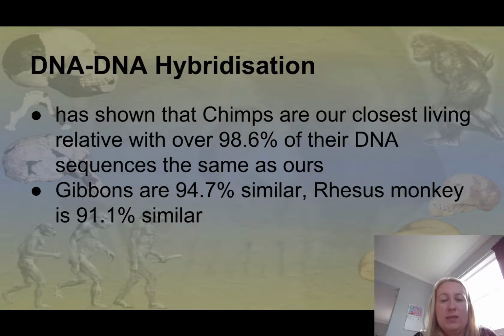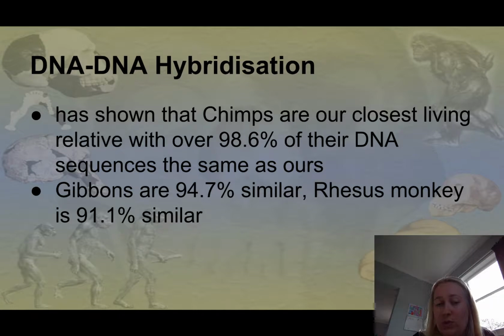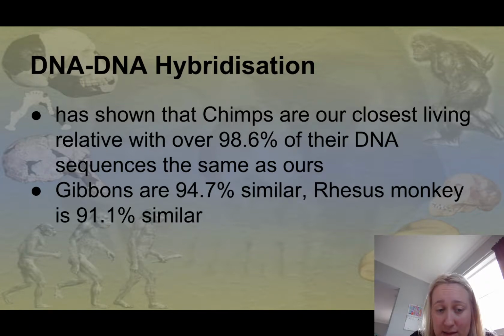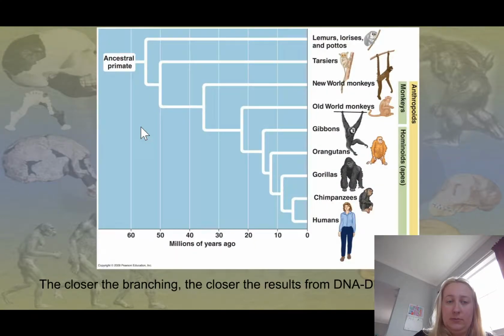Gibbons, which we would have split off from, I think, maybe 10 million years ago, we're only 94.7% similar with our DNA to them. Rhesus monkeys, which we then split off from maybe 10 to 12 million years ago, is 91.1% similar. So the closer we are from splitting off from a species, the closer our DNA is.